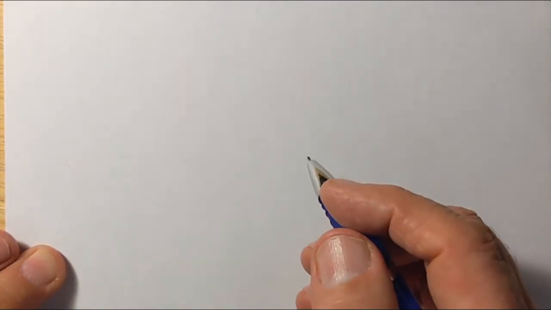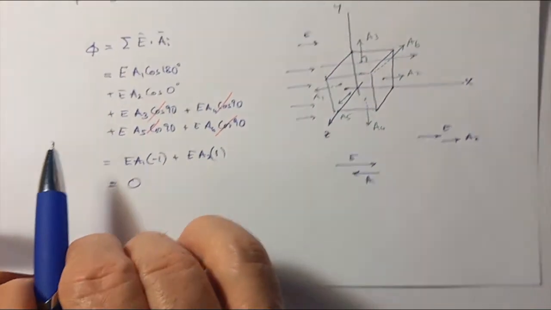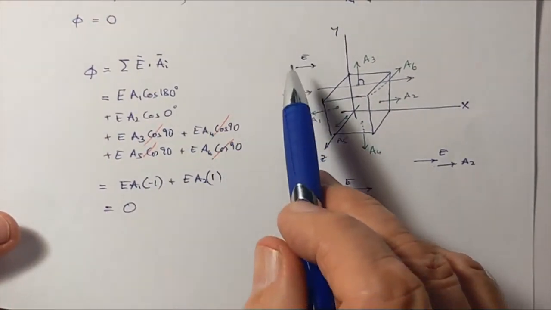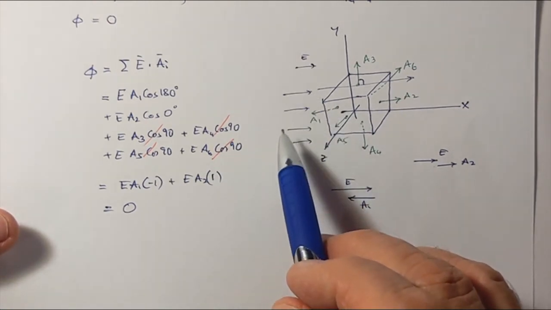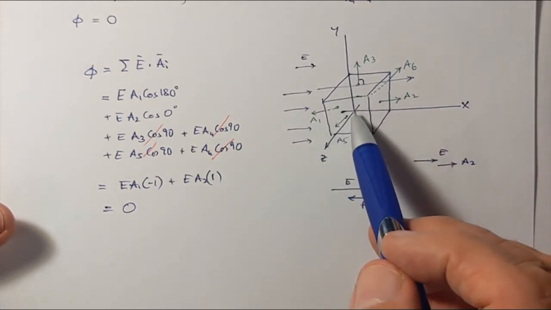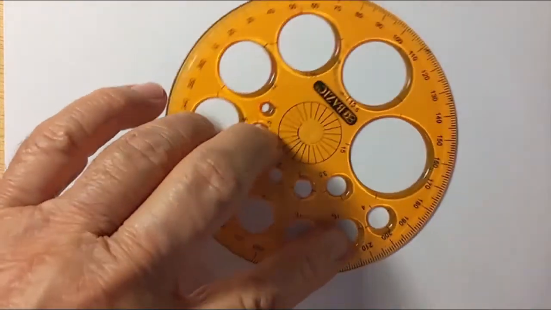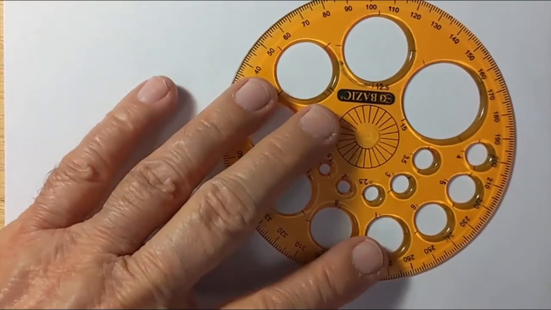Now, what happens if the source is inside this volume? So instead of the source of the electric field being outside, which has to be coming from some charge, if there's a charge inside it, then what would happen? So let's consider a spherical surface.